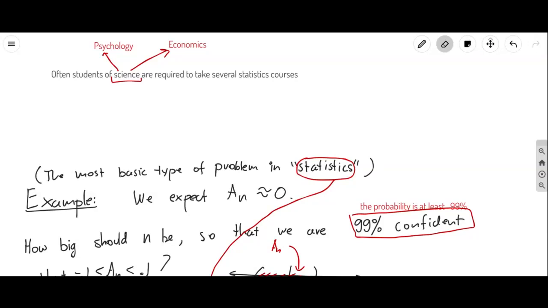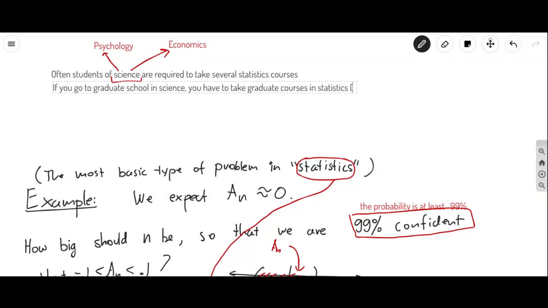It's not like a traditional type of science where you keep everything identically fixed, because in the real world you cannot really do that, so this is really the best that you can do. So they're required to take several statistics courses, and interestingly enough, this is very common. If you go to graduate school in science, you have to take graduate courses in statistics.